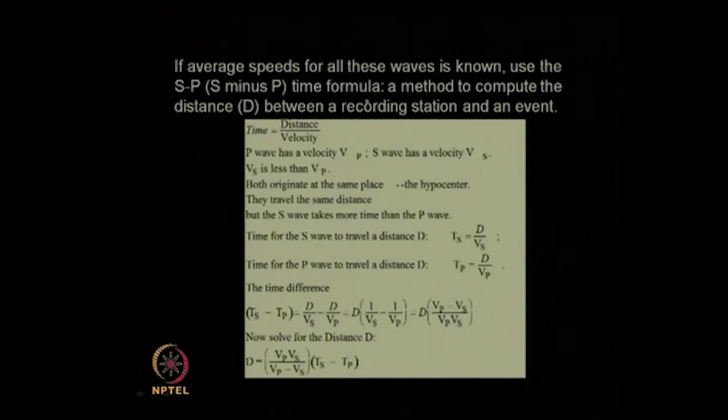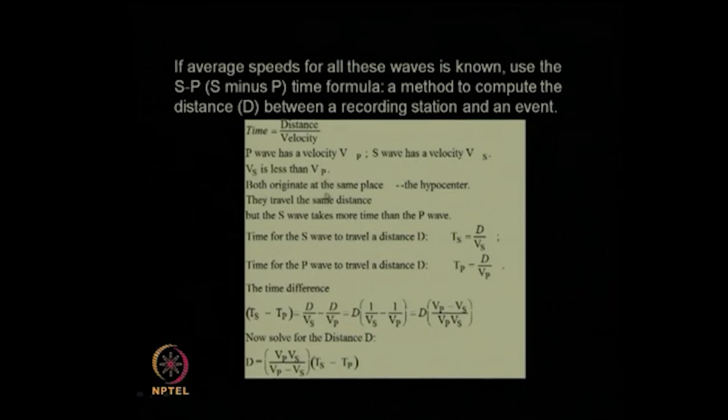This is the method to compute the distance between a recording station and the event where the earthquake has occurred. So, time is nothing but distance by velocity, as we all know. The P wave has a velocity, say Vp, in the crustal region, the S wave has a velocity Vs in the crustal region, and obviously this Vs is less than Vp, as we already know.